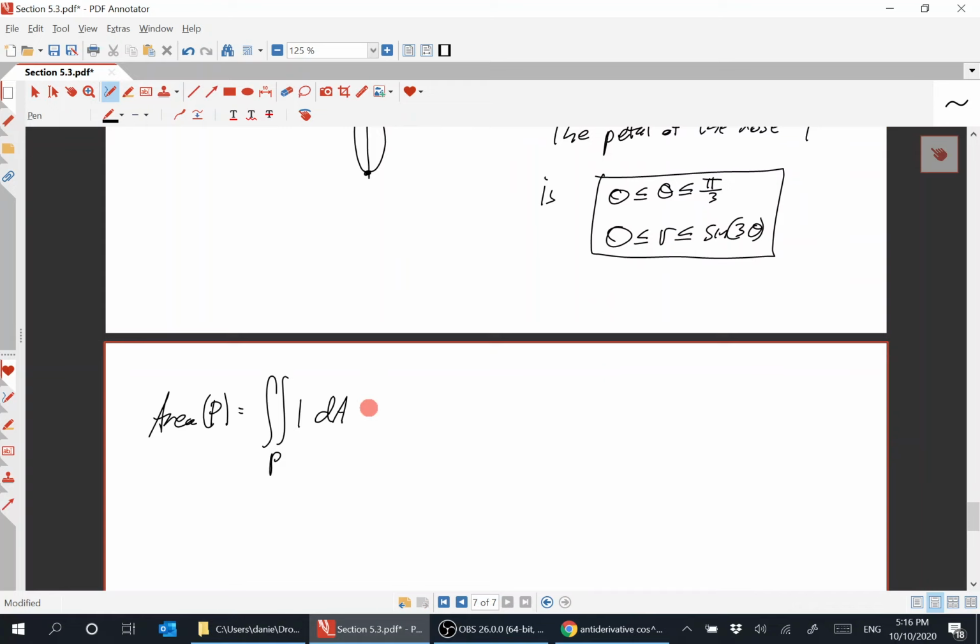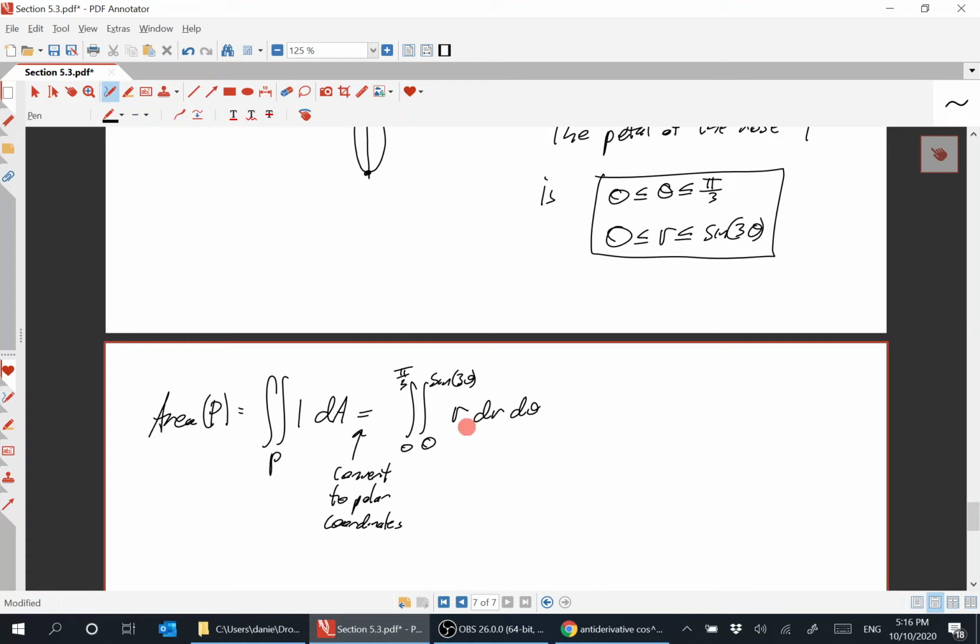So let's convert to polar coordinates. It's the double integral from 0 to pi over 3, and 0 to sine 3 theta, of 1 dA, and dA becomes r dr d theta, leaving out the 1 there.